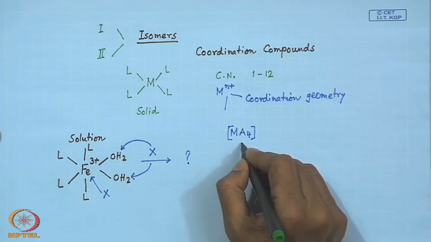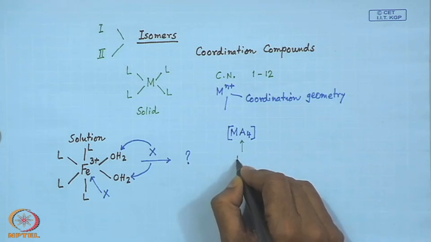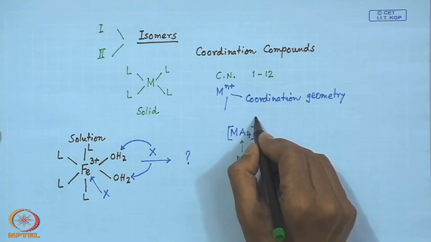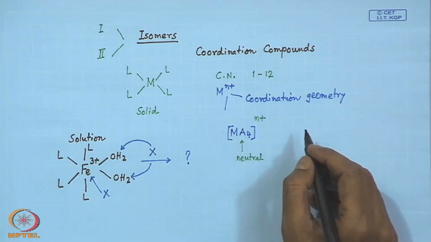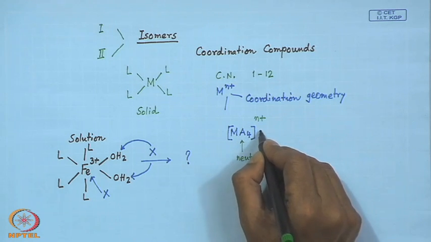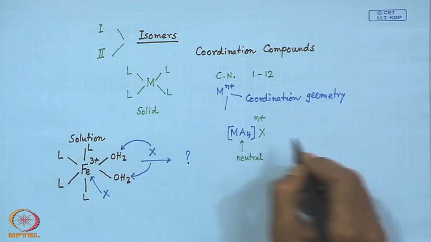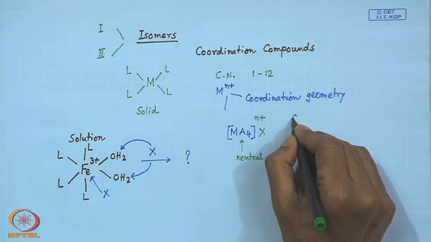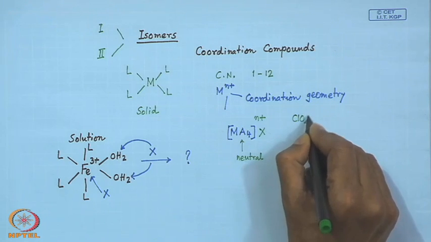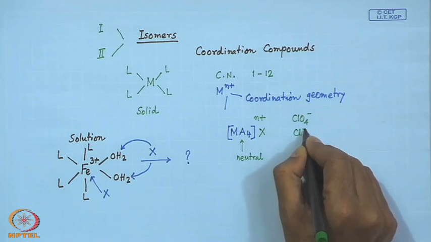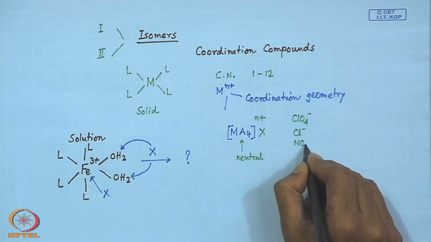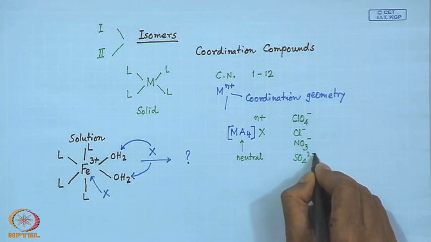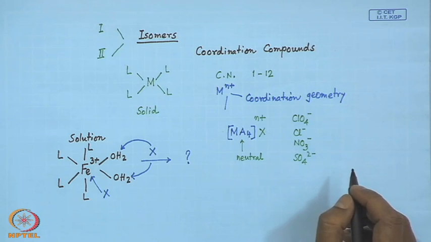But if these A groups are, say, neutral, then we have the corresponding cationic complex and we need some counter anion, and these counter anions can be, say, perchlorate, chloride, nitrate, sulphate and all these.